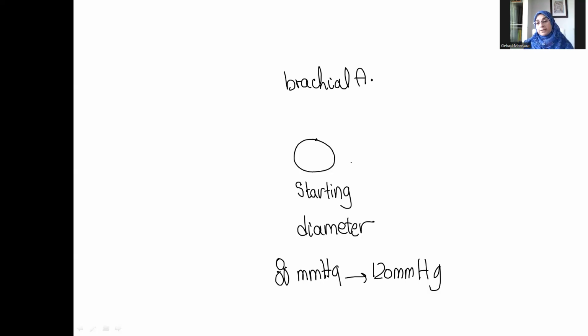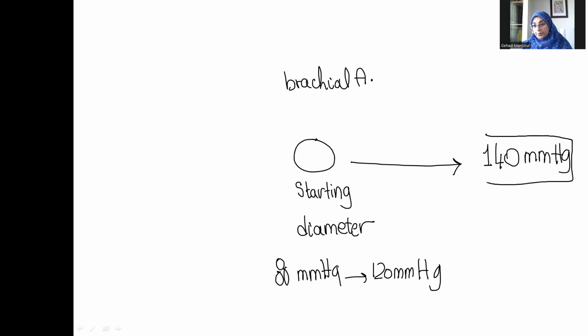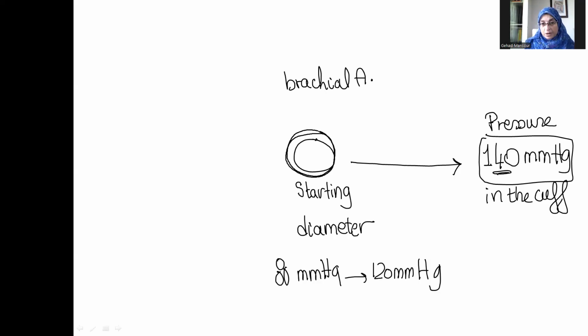When you inflate the cuff and you raise the pressure until, for example, you reach 140 millimeters mercury, then this is the pressure in the cuff around the brachial artery. 140 millimeters mercury surrounding the brachial artery is higher than 120 and higher than 80 millimeters mercury.